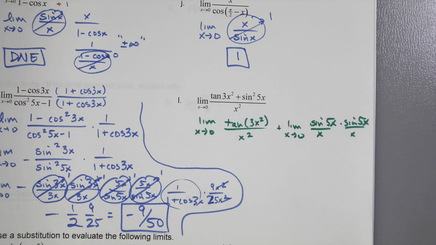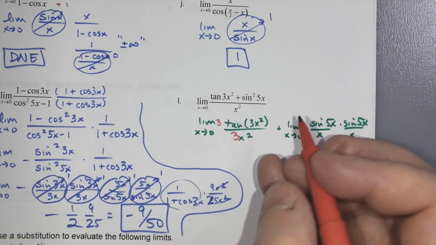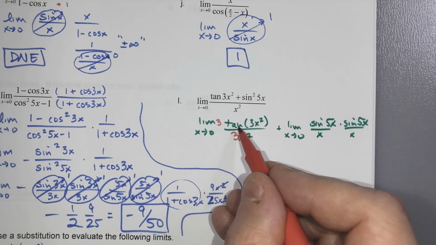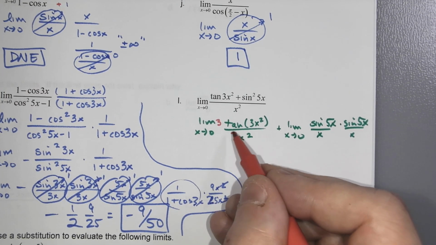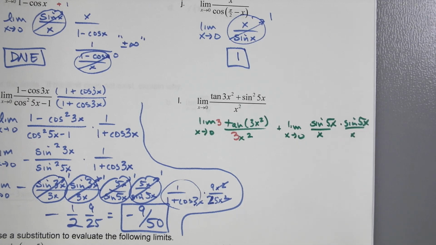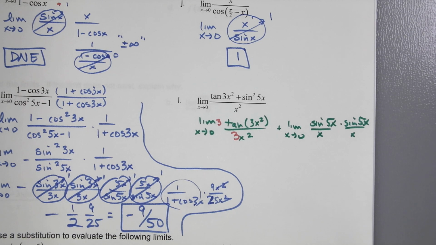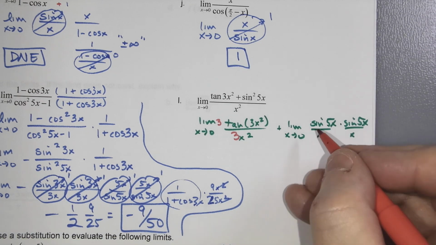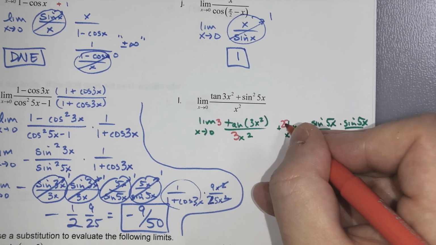So I would need to throw in a 3 here and a 3 here. Technically, remember, the tangent is a sine over a cosine, so I'm already doing a little bit of a shortcut here. I should write out the other one, but I've run out of space, so make sure you change that into a sine over cosine so you can see it clearer. And then over here, I'd have to throw in a 5 and a 5, which means I need another 25.